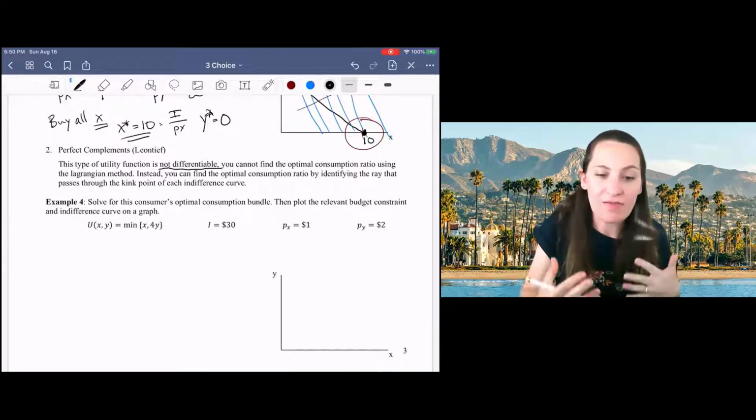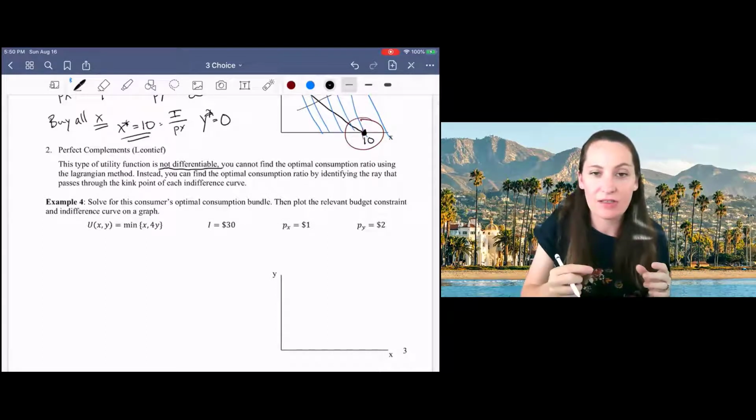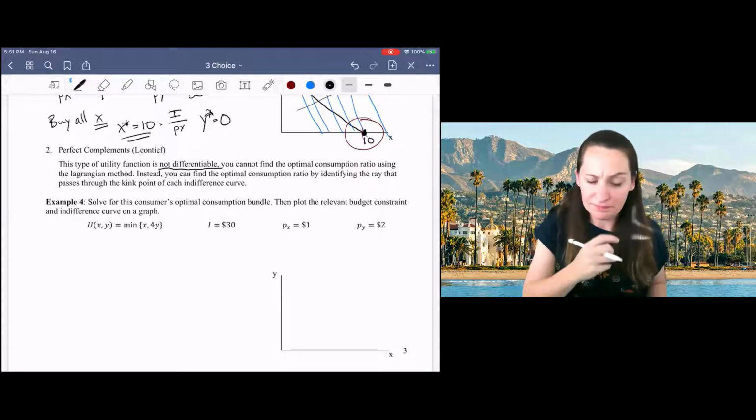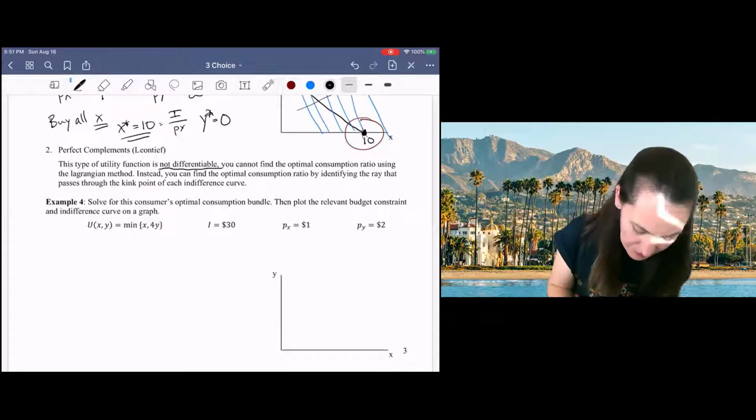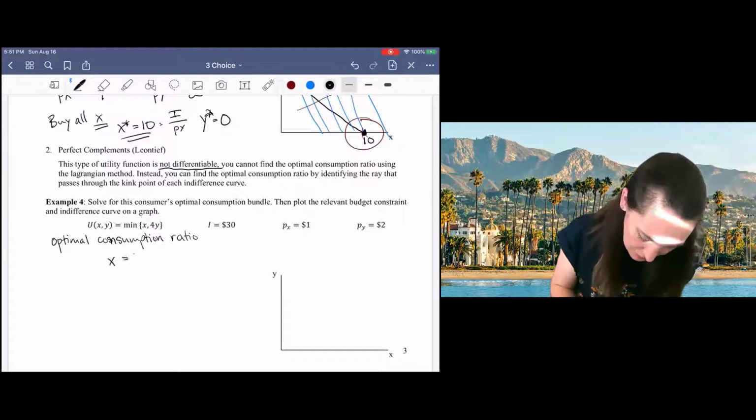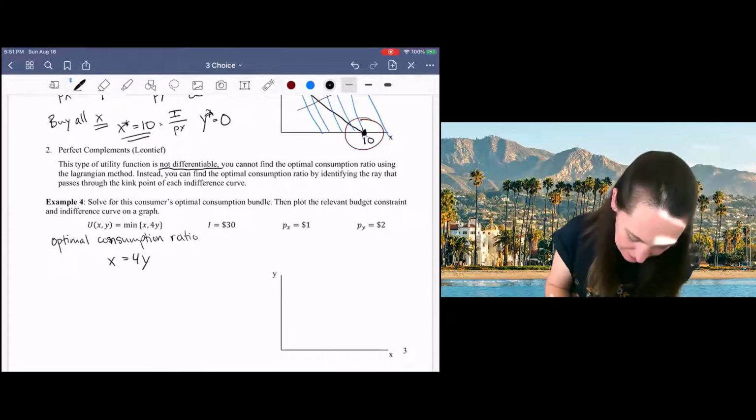And so we find the optimal consumption ratio by looking at the terms in our minimum function. And in particular, we can find it by setting them equal to each other. So here we'll find our optimal consumption ratio by setting equal our two terms in our minimum function.